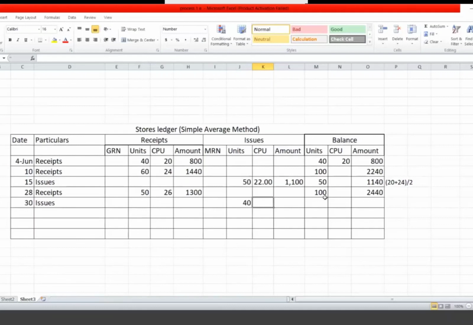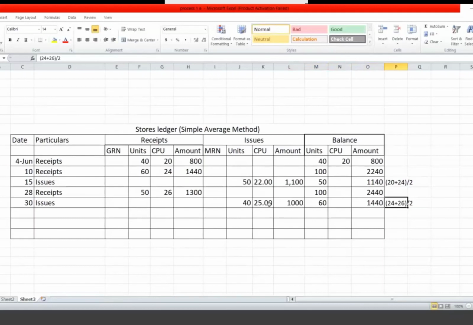So the total of 24 plus 26 divided by 2. How much will you get? It will be 25. 40 into 25 will be 1000. Now how many units? 100 units are there, 40 already over. They have 60 units, and the amount will be 2440 minus 1000, then 1440 is the balance. When you are showing it, you can show 60 units and the amount is total 1440.